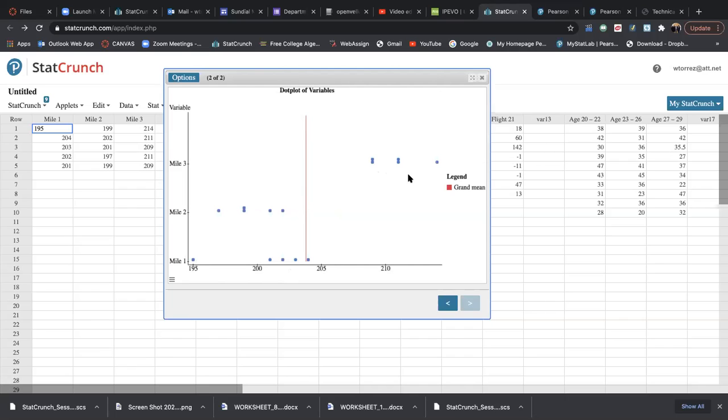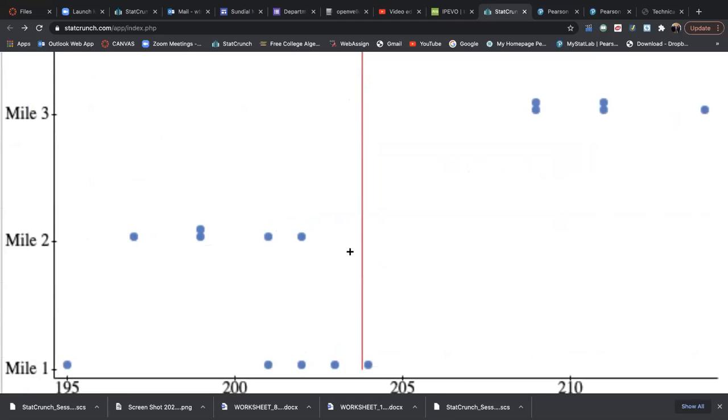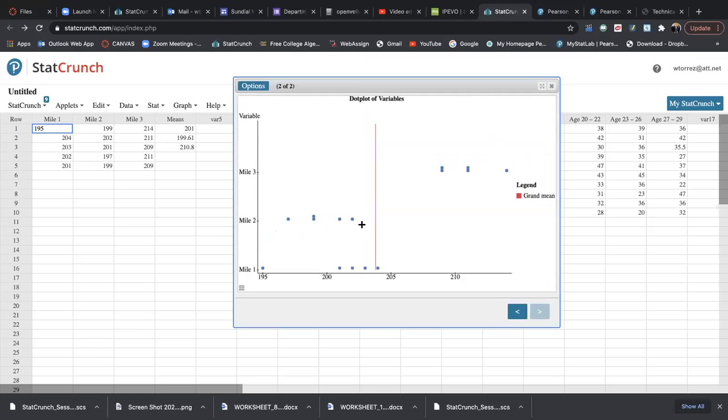And it did turn out that the mean was 210.8. Okay, but the variance of this sample looks to be not very large. This variance here is a little larger, okay? And so we do see an evidence of some difference in the means there. It's an eyeball, okay?